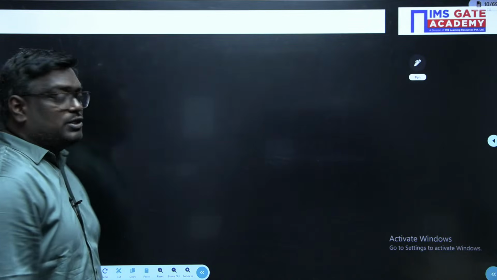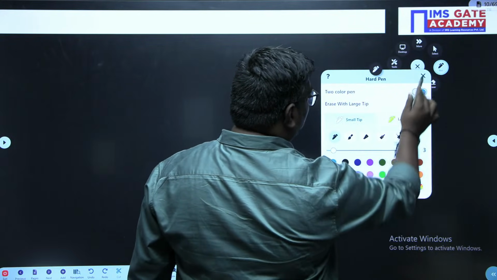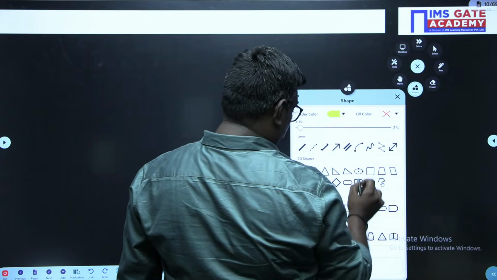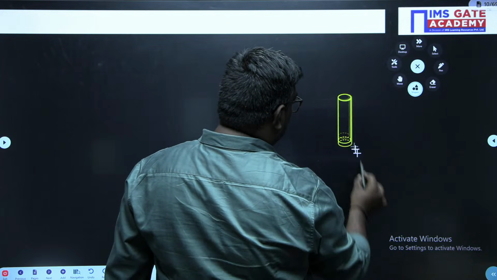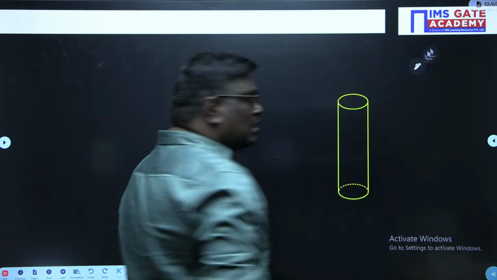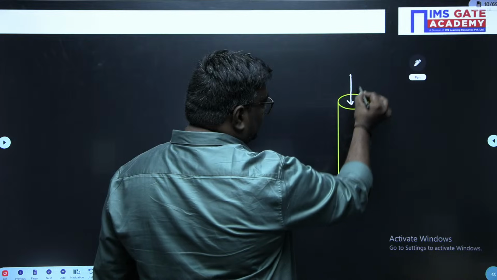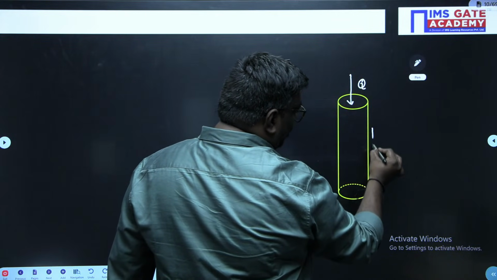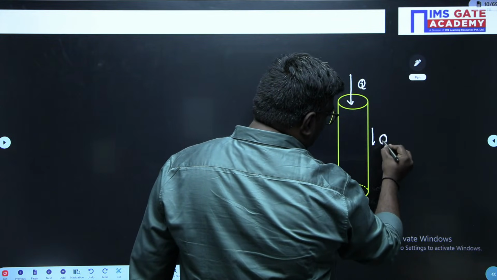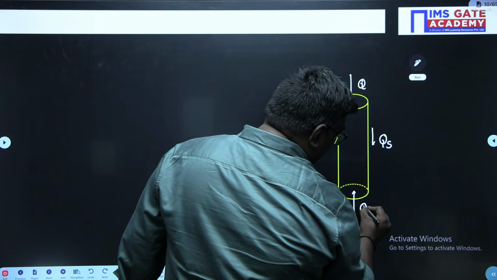Suppose here, my dear students, I consider this as an individual pile. If we have a load here, the load can be transferred through friction as well as by end bearing, that is Qb.